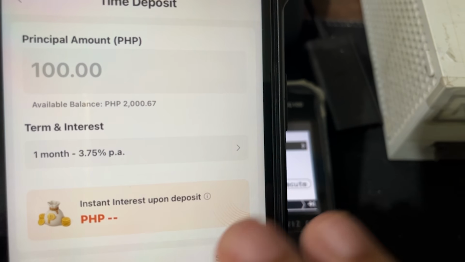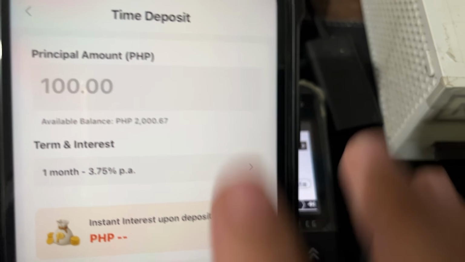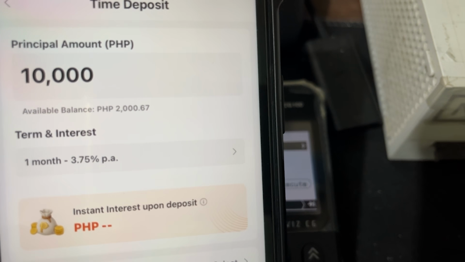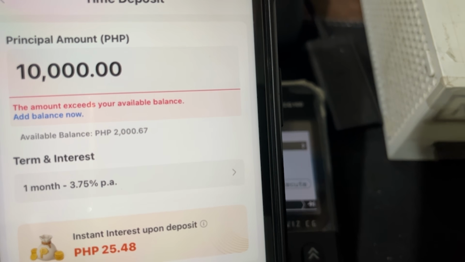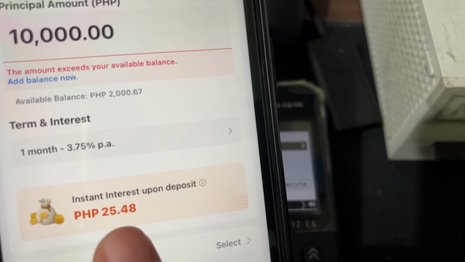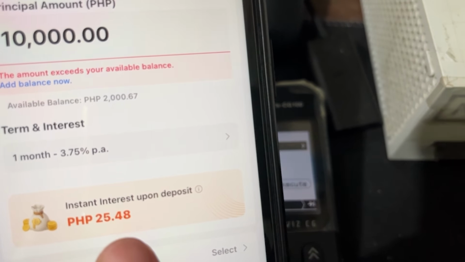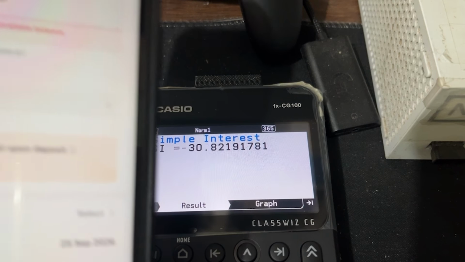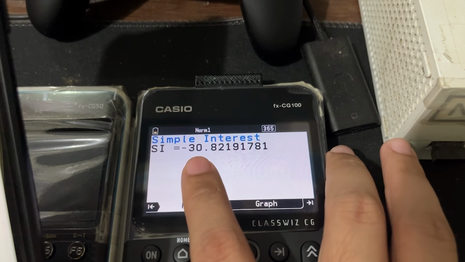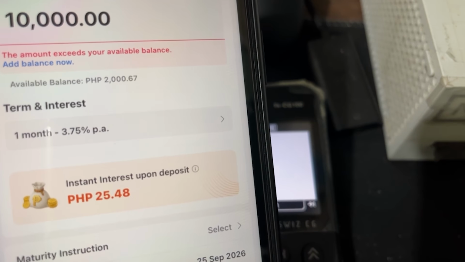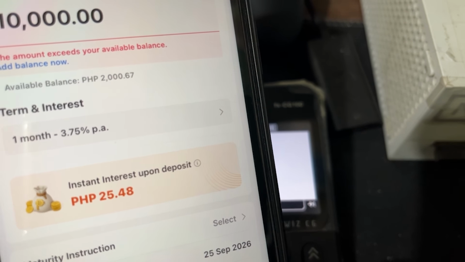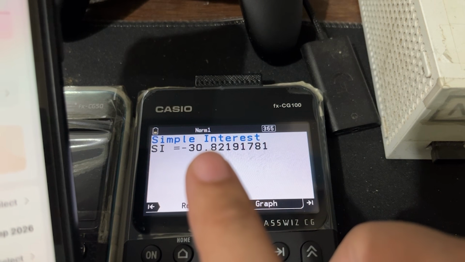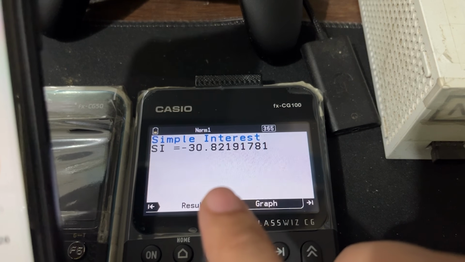And here the example looks like this is a time deposit. So this is a 10,000. You get 1 month per annum, click done, and you get 25. This is not exact, the calculator looks like. This one is not accurate. Your interest, you get 30, and you get 25. For example, you get 25 simple interest. That's the thing.